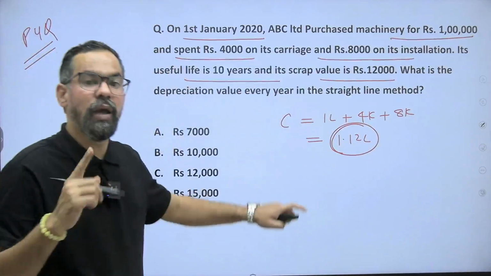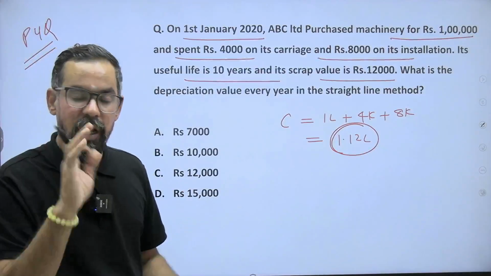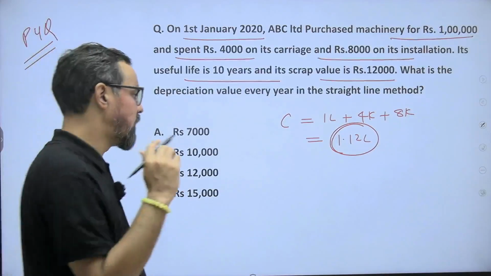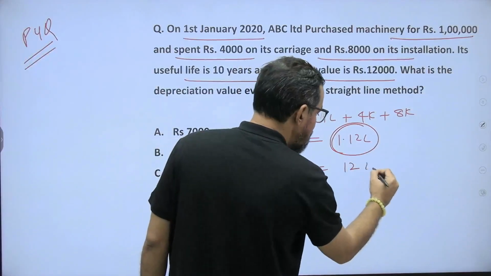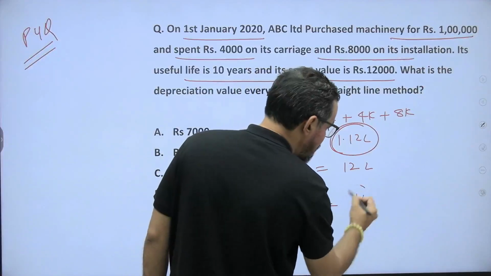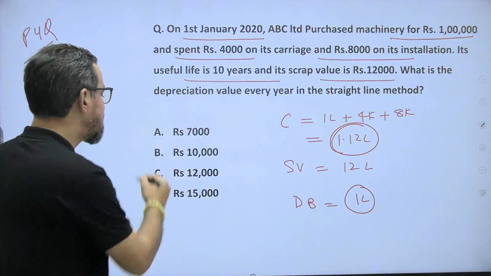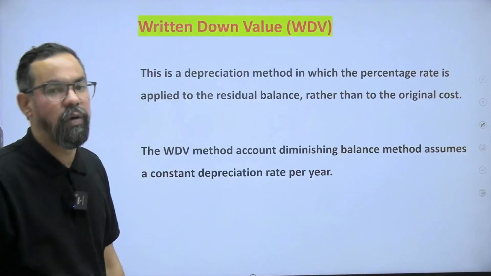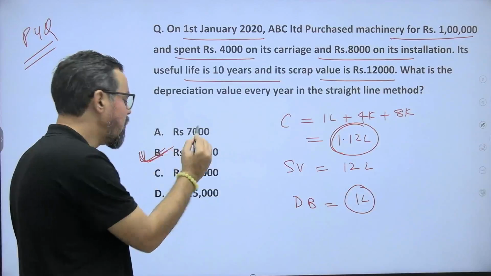When you account the cost, you have to use the property, plant and equipment accounting standard 10 or Indian accounting standard 16. Salvage value is 12,000. So that means the depreciation base is 1 lakh. Now 1 lakh divided by 10, so 10,000 will be the correct answer for this question. Understood? So 10,000 will be the right answer for this one.